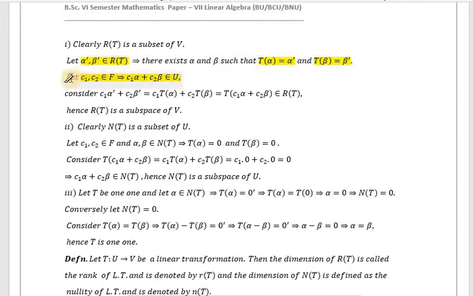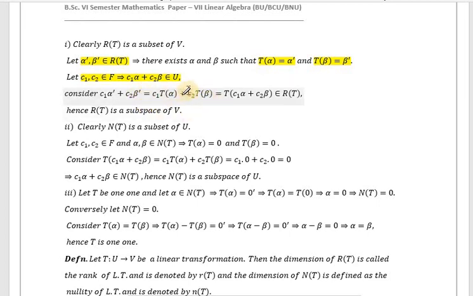So to prove that, let us take the linear combination. C1, C2 belongs to F implies C1 alpha plus C2 beta belongs to U. And also consider C1 alpha dash plus C2 beta dash is equal to C1 T alpha plus C2 T beta, because alpha dash is T of alpha, beta dash is T of beta.